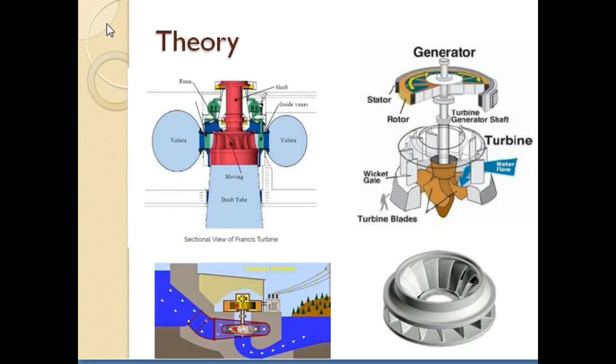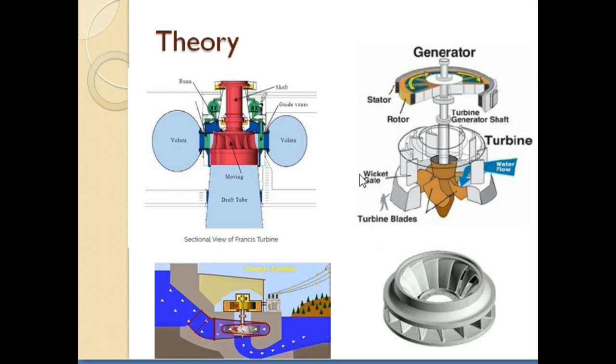In this slide we can see the theory behind the Francis turbine. The parts of the Francis turbine are as displayed here. This is the volute casing, these are guide vanes, this one is the shaft, this one is the runner, these are moving blades, and this part is the draft tube.